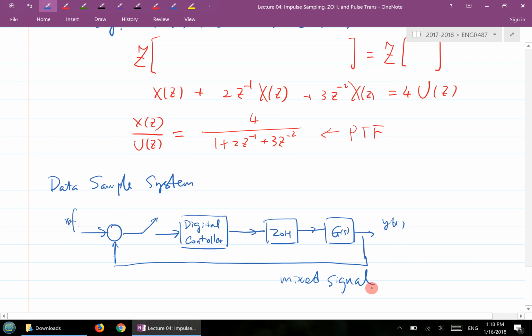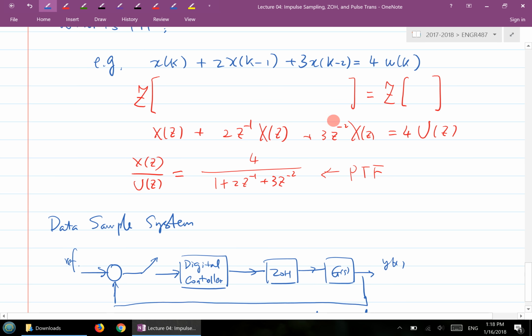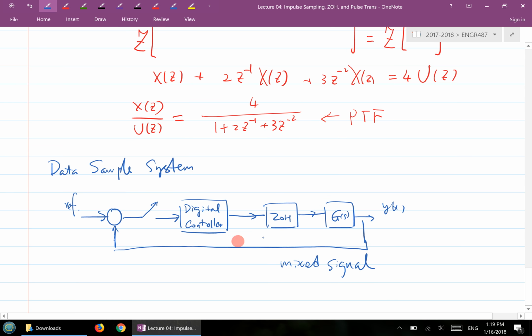That's why it's relatively more complicated than a single difference equation to derive a pulse transfer function. This is what we ultimately want to derive: if I'm given something like this, what will the pulse transfer function be?